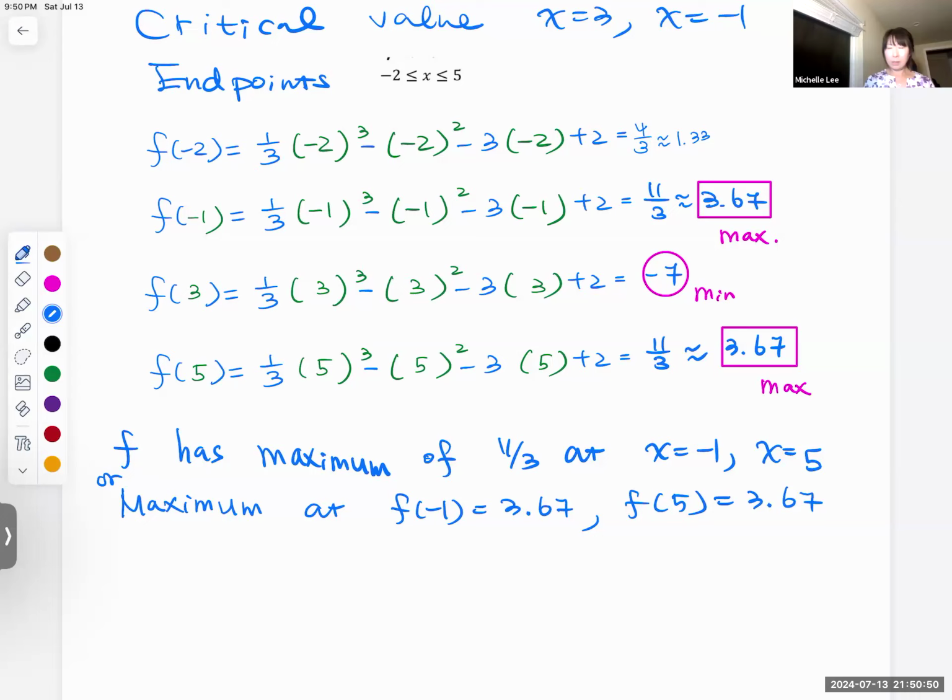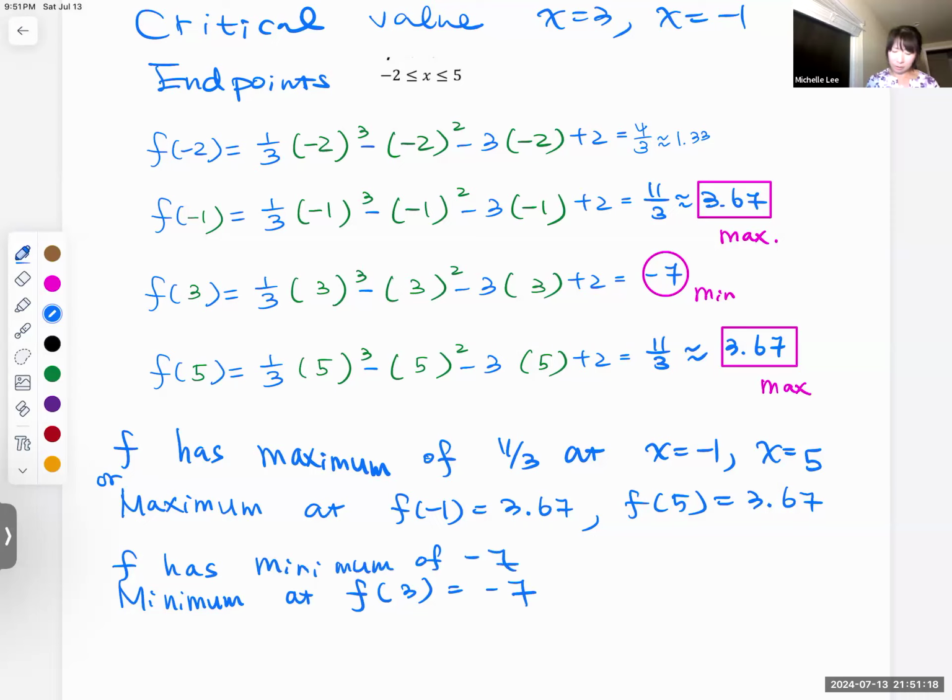Now the minimum is f of 3 equal to -7. Or we can say that f has a minimum of -7 at x equal to 3, right?